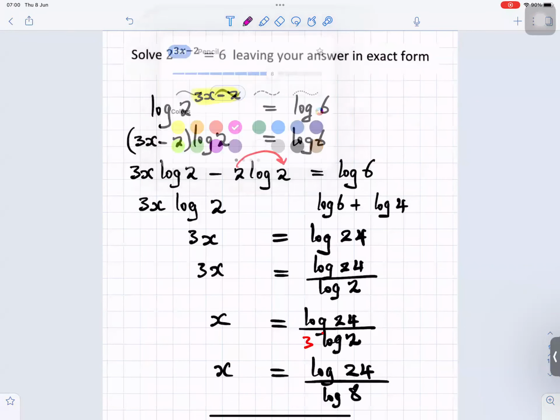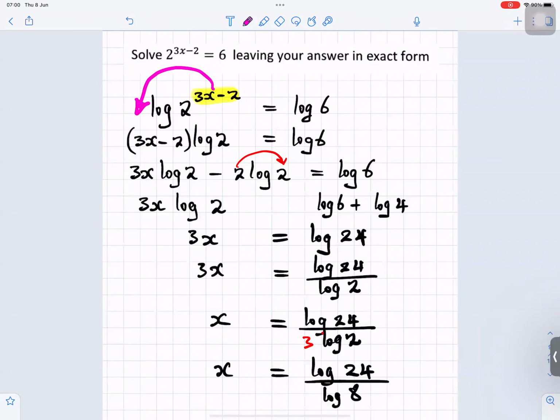It becomes 3x minus 2. Don't forget to put it in brackets because they are together. Log 2 is equal to log 6. So we put log in front first, log in front. Power to the front, the 3x minus 2 comes in front. And then now we expand the brackets or remove the brackets.